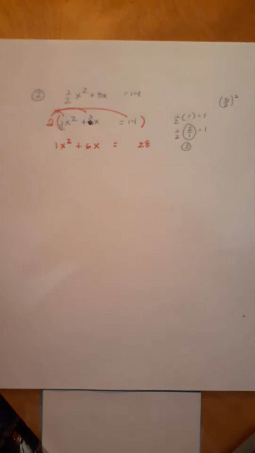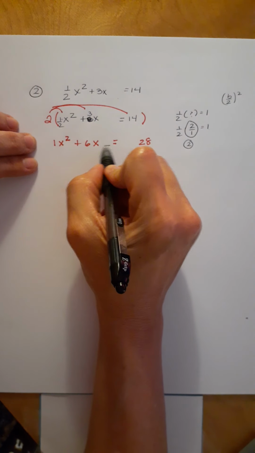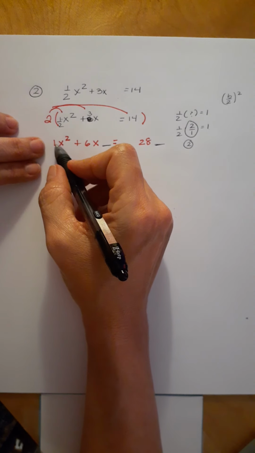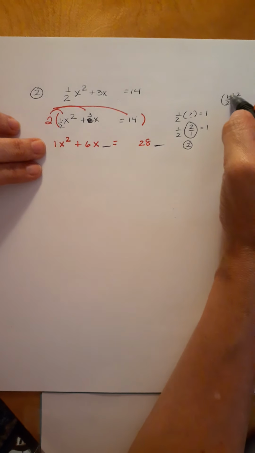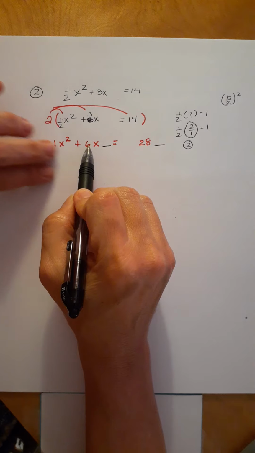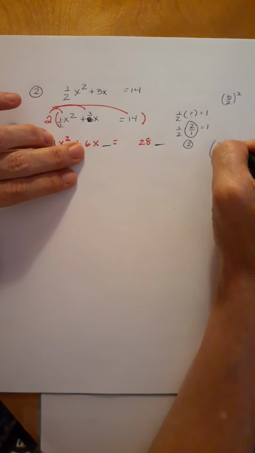All right. Now, we are going to figure out what I have to add here to make this a perfect square. Now, this is a 1, so we're going to use b over 2 in parentheses squared. What is my b term? This is my a, that's my b. So this would be b over 2 squared.